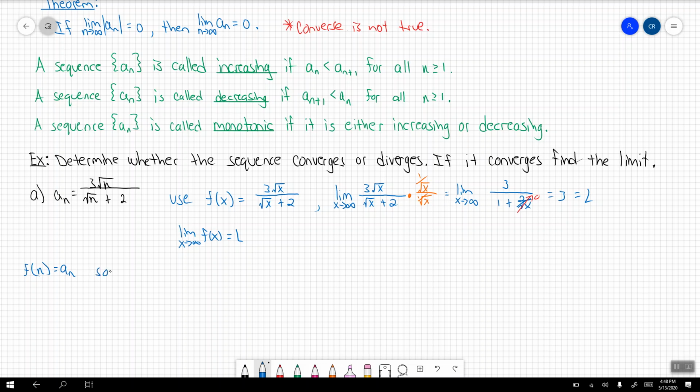So what we have here is that the limit as n goes to infinity for 3 square root of n divided by the square root of n plus 2 must equal L, which was the original limit that we found, which is 3. So, in this case, the sequence converges.